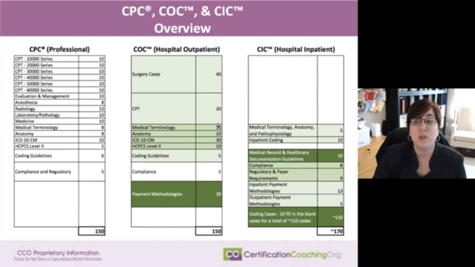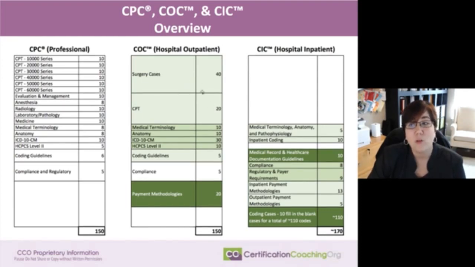Well, as we start to look through here, a hospital outpatient coder needs to know a little bit different information than a professional coder or a CPC coder. And specifically in this little graph, I've put different shades of green to represent different things.